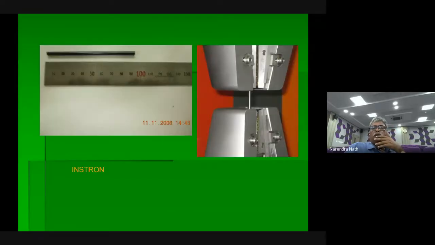This is the Instron we used. This is actually not a dynamic study. We used simple grippers. If you want more accuracy, you can put strain gauges here. A strain gauge setup is available, but that itself is very costly.